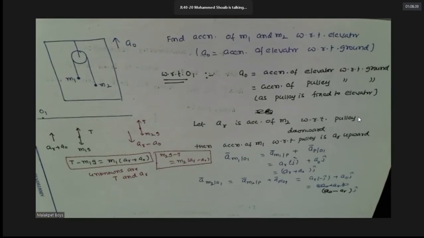Sir, AR is equal to M2 minus M1 into G plus A naught, by M1 plus M2.